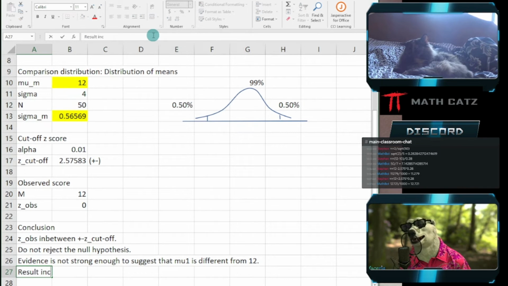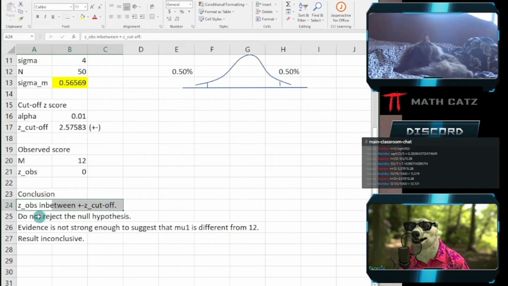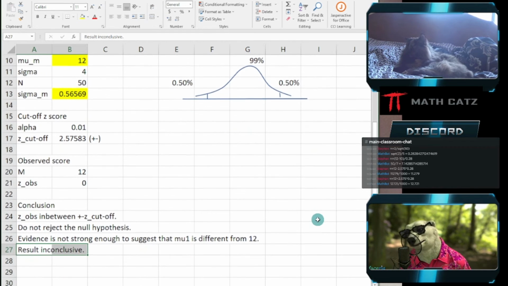Result inconclusive. You can write all of this, you could just write some of it. I'd like to be a little mathy here, a little specific, and then say it in more common words that the original question uses.